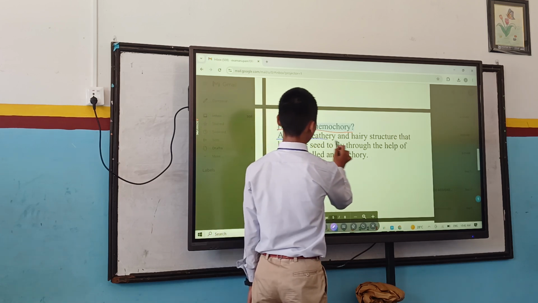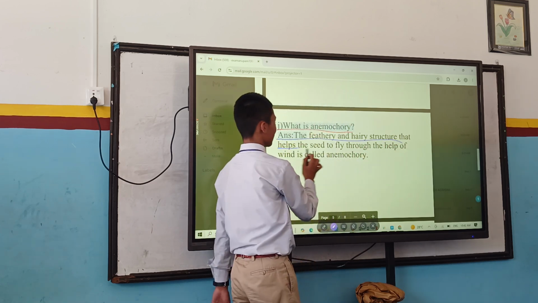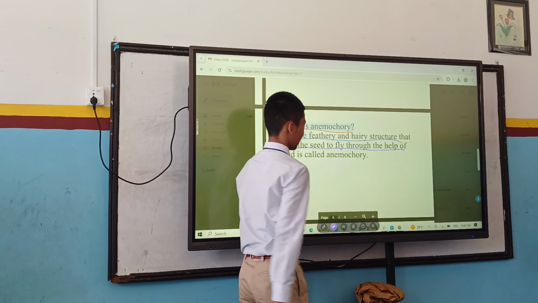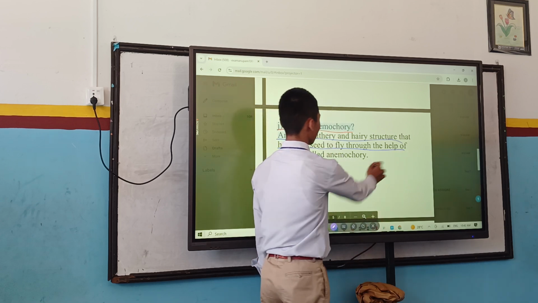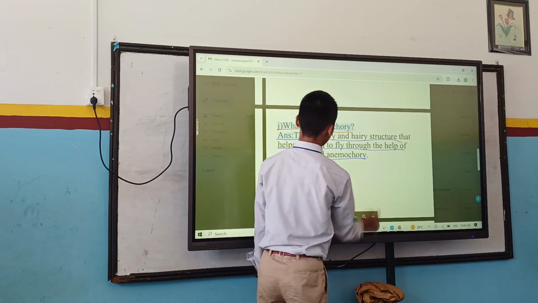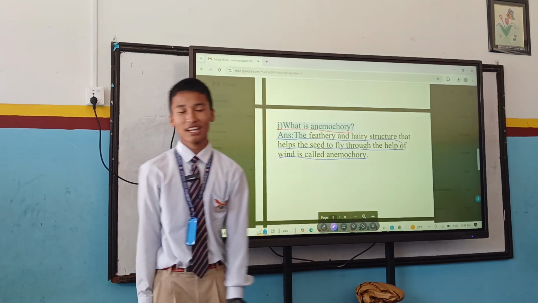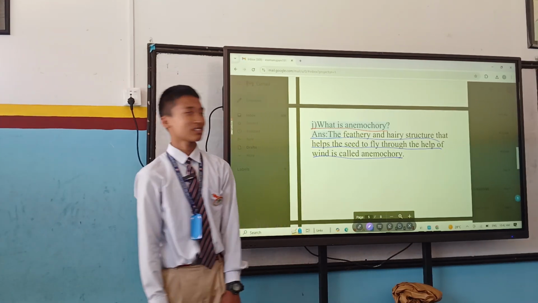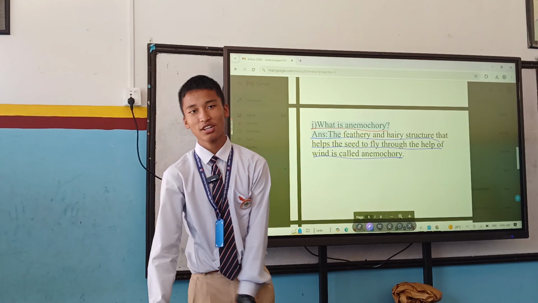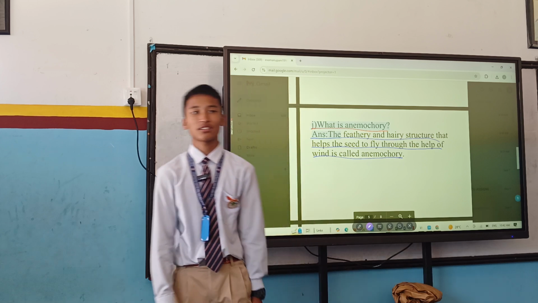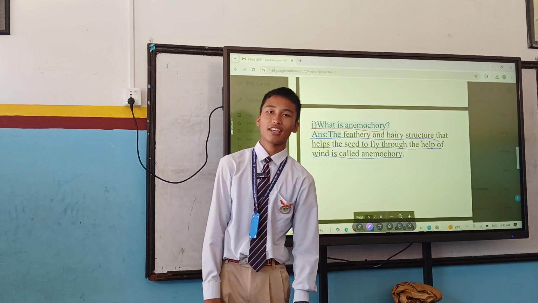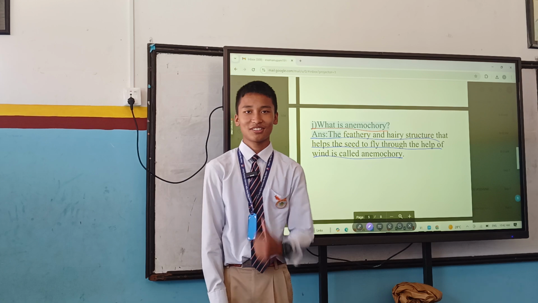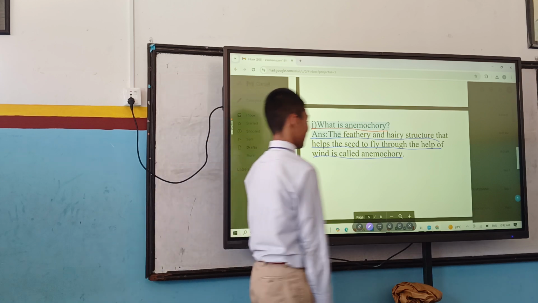The answer: the feathery and hairy structure that helps the seed to fly through the air with the help of wind is called anemochory. It is a type of dispersal of seeds. The seed has hairy and feathery structures which help the seeds to move to another area so it can germinate.